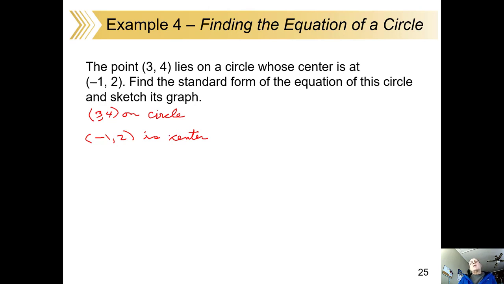The question now is, find the standard form of the equation of this circle and sketch the graph. Okay, we could probably sketch the graph almost already if we just knew what the radius was.